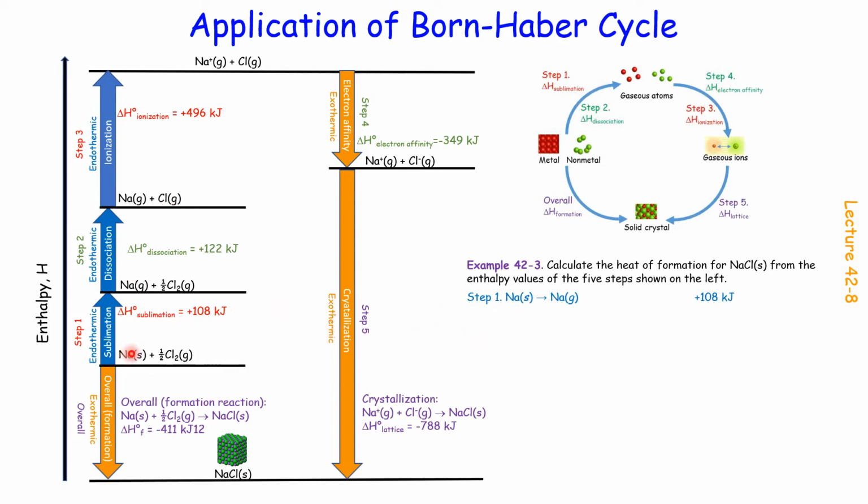Step number 1, sublimation of solid sodium, and the ΔH for the first step is positive 108 kilojoules. Then step number 2 is the dissociation of chlorine diatomic molecule. That ΔH value is 122, or 1/2 of 244.